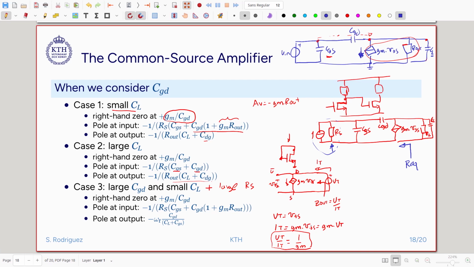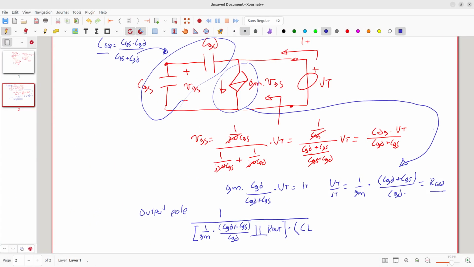We come back to our model. This is R out here, and CL. So in our model we have CL plus, and now we will have to add the equivalent capacitance, that will be CGS times CGD divided by CGS plus CGD.